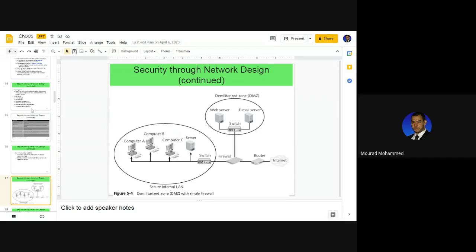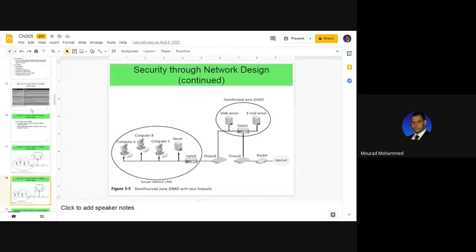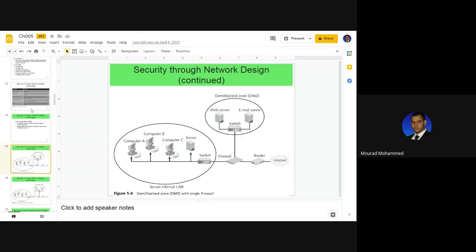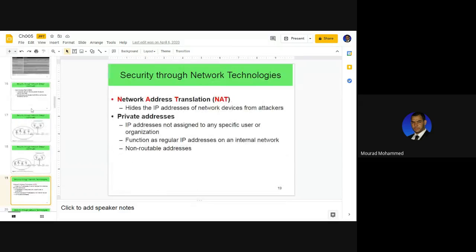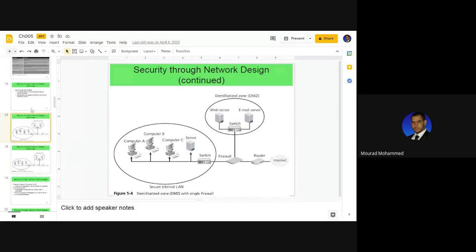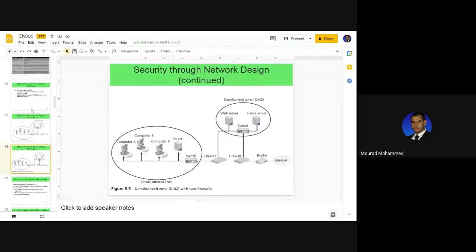Demilitarized zone. We explained the demilitarized zone with the two architectures, whether using a one firewall or a two firewall based architecture. The difference is that for the two firewall based architecture, the demilitarized zone has to be accessed by all visitors to the network. Otherwise, they would not be able to access the network.